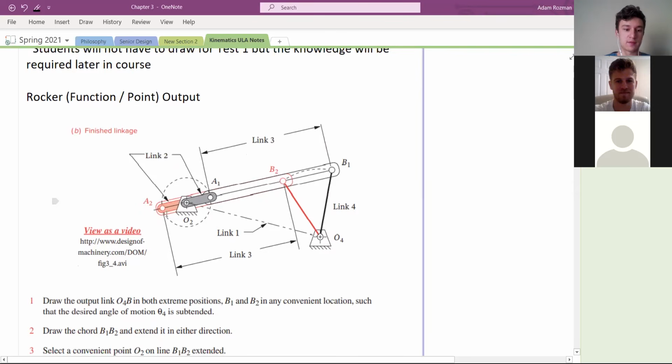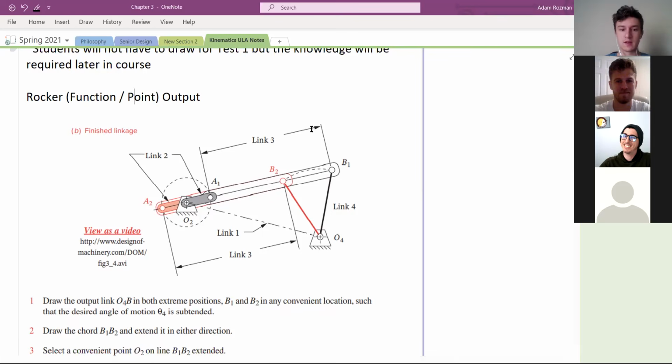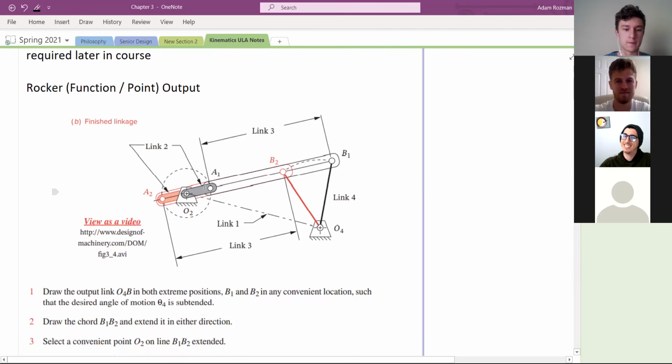So we have our crank with this little piece. We have the rocker. Can you guys actually see my mouse, what I'm pointing at? Yes. Okay. So those are the important parts, the crank and the rocker, which you should be familiar with.